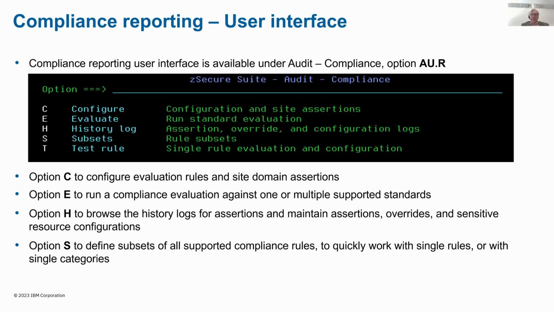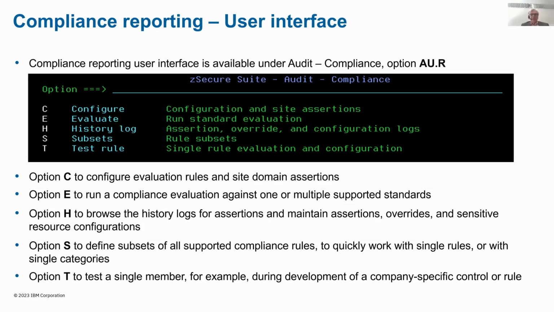Or if you can't remember what the rule name was, then S is the easiest way to zoom in through the category to a specific control. And then we have T for testing. That's mainly used if you write your own rules; it's very handy to just run that one rule.